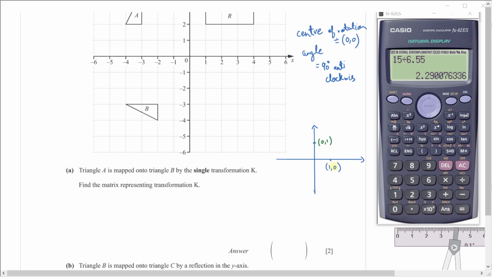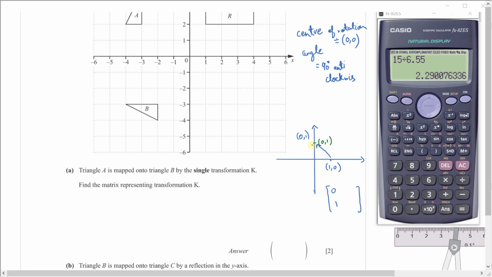So let's first look at this point. When it's rotated 90 degrees anti-clockwise, it will land at this point, right? So when you're writing the matrix, you write down the final image of this point first. So 1, 0 will land at 0, 1. So your first column will be 0, 1. And what happens to this point 0, 1?